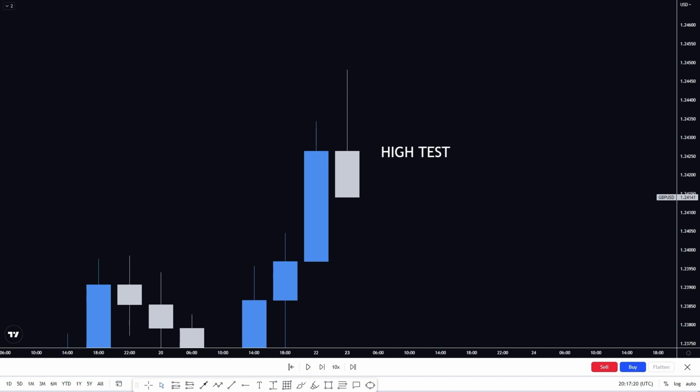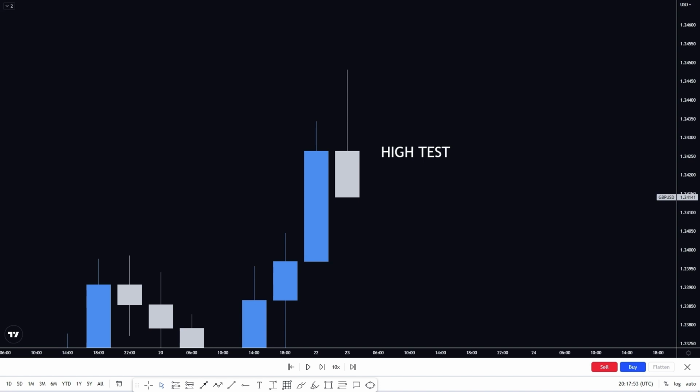Prices are now too expensive, and we're seeing how price did move up but then immediately retraced back down, leaving behind this wick, which is the little breadcrumbs in price to let us know that price may actually be moving to the downside. So this high test candle is a great tool when identifying upward moving price action into an area of resistance and then predicting a potential short trade.